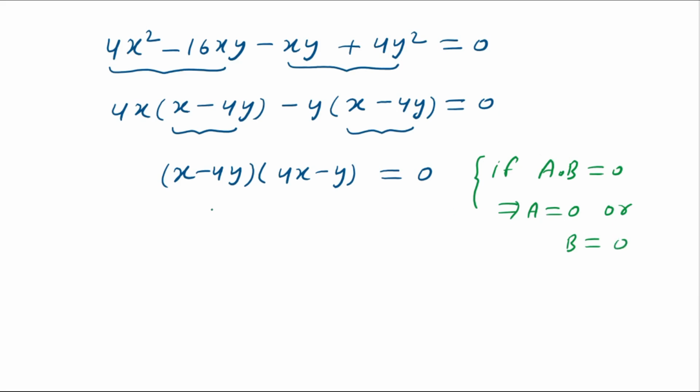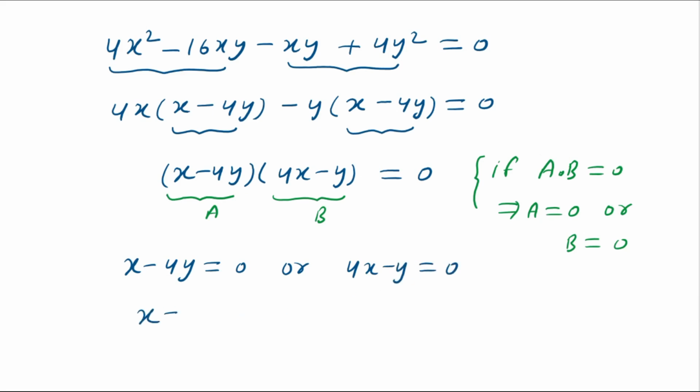If we apply this rule, and suppose this expression is a and this expression is b, then you can say x minus 4y is equal to 0, or 4x minus y is equal to 0. Here the value of x is equal to 4y, and here the value of y is equal to 4x. Here we have two cases. This is case first and this is case second.